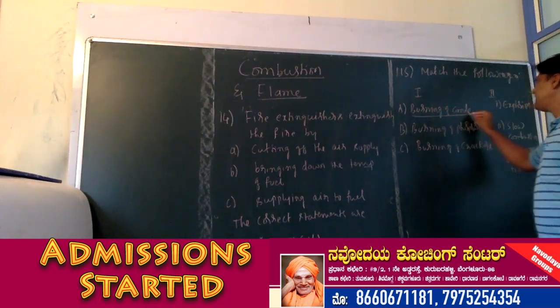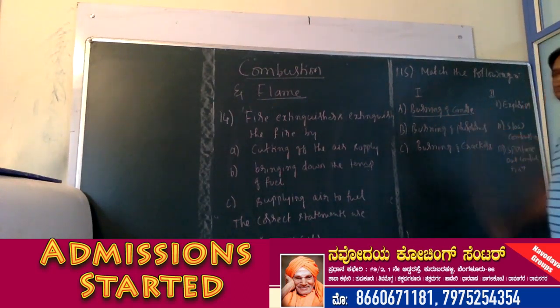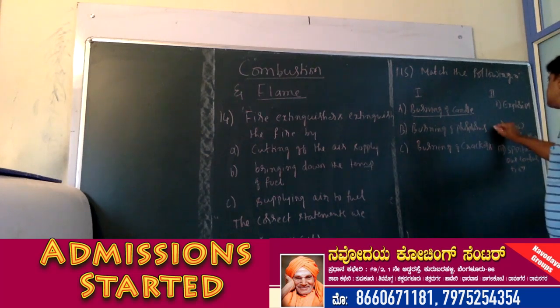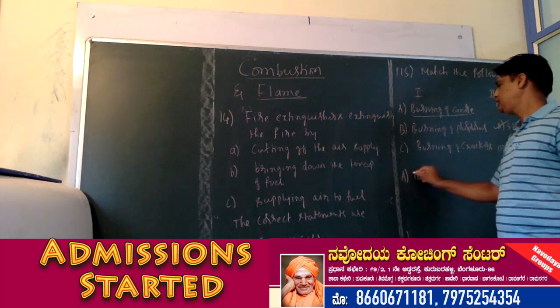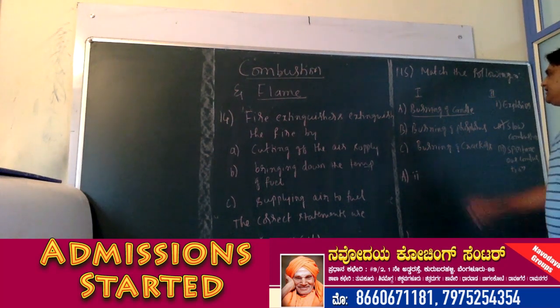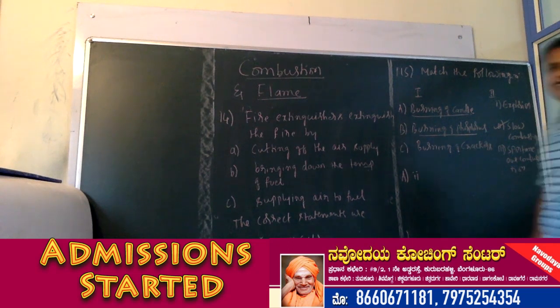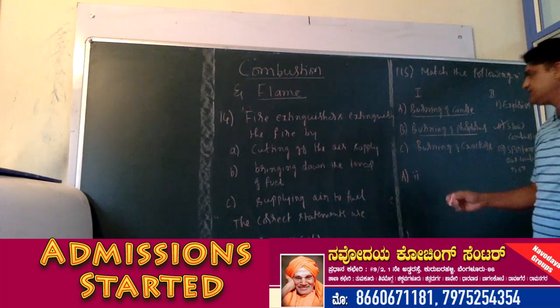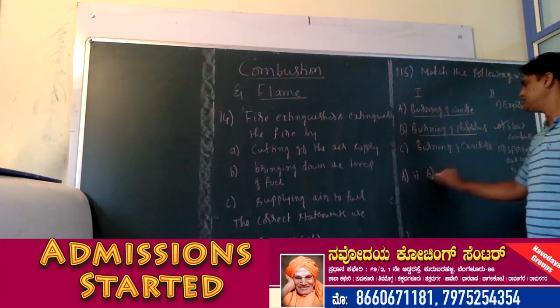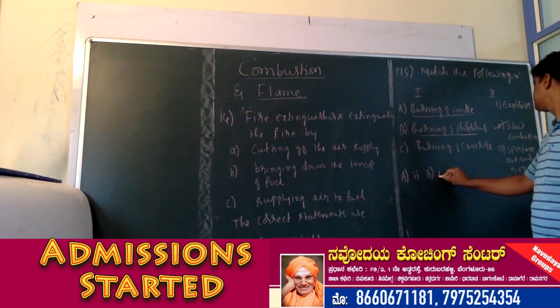Burning of candle is always a slow combustion. So A is 2. Then burning of phosphorus actually happens without any cause. That means it is a spontaneous combustion. So B is 3.